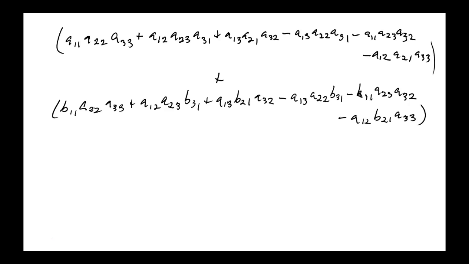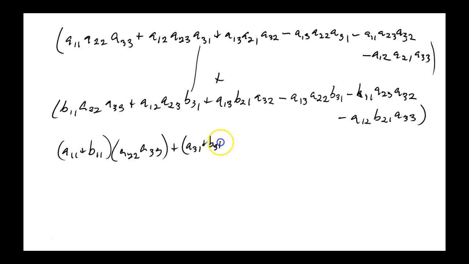Okay. And as you just noted, you're adding these things together, so this is A11 plus B11 times, and those are the same, A22, A33, and then factoring those out, that's going to be a plus A31 plus B31 times A12.